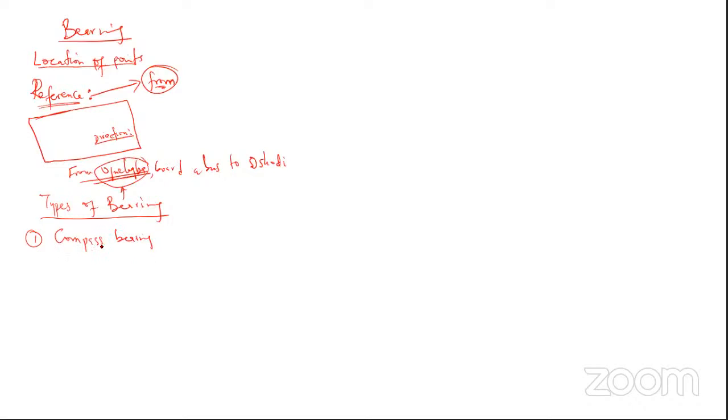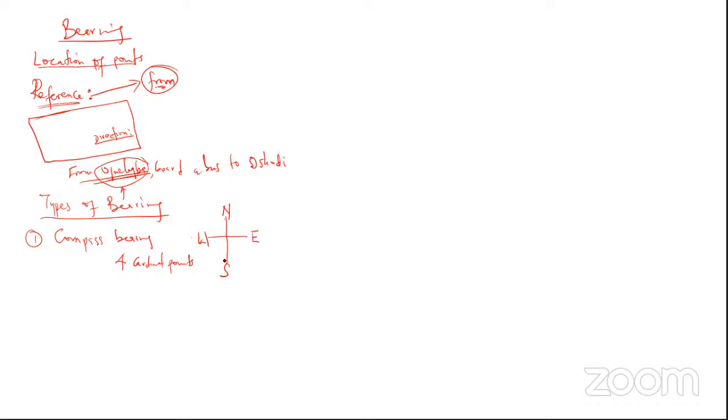From the word compass. Anytime we talk about compass, we'll be talking about our 4 cardinal points. The 4 cardinal points are the north, the south, the west, and the east.